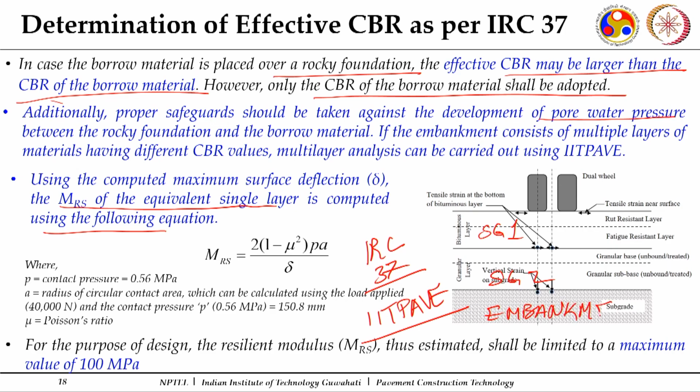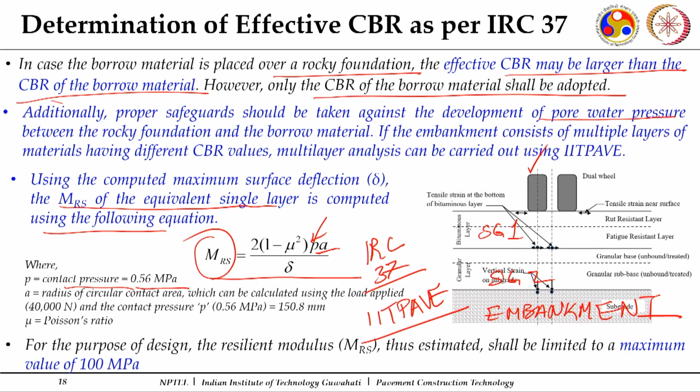With this combination, taking a standard load as per IRC 37, you work out the effective resilient modulus by considering a contact pressure of 0.56 megapascals. Corresponding to this contact pressure you work out the contact area for the wheel load which is going to come.